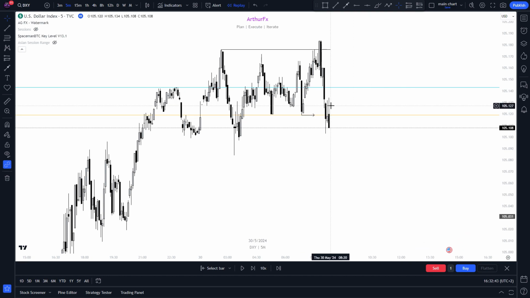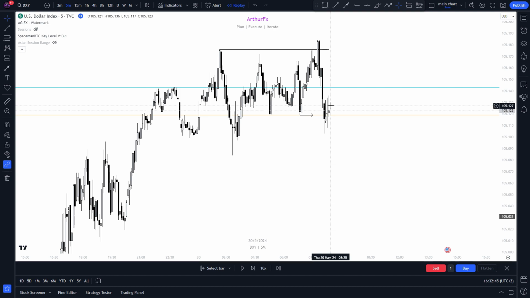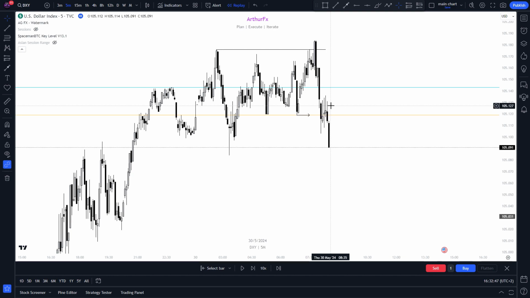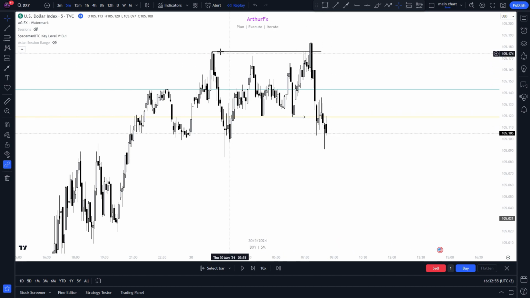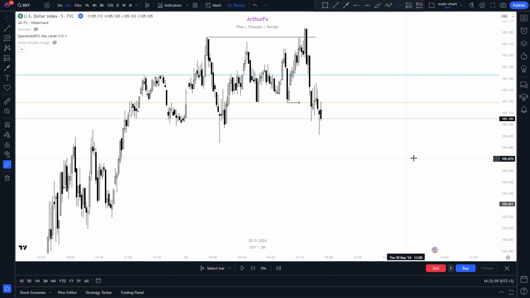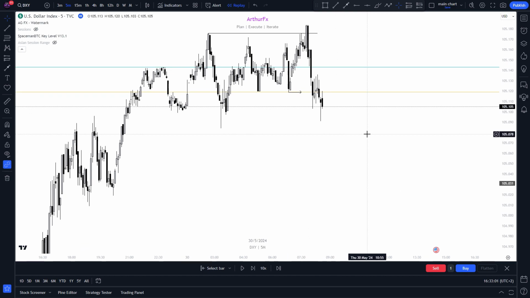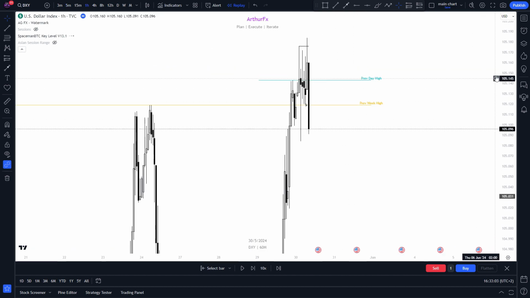So I think my entry was, I believe, right here. So at this point I was in the trade, and we had our sweep, we had our break of structure here below, and right now I was looking for a simple retracement.